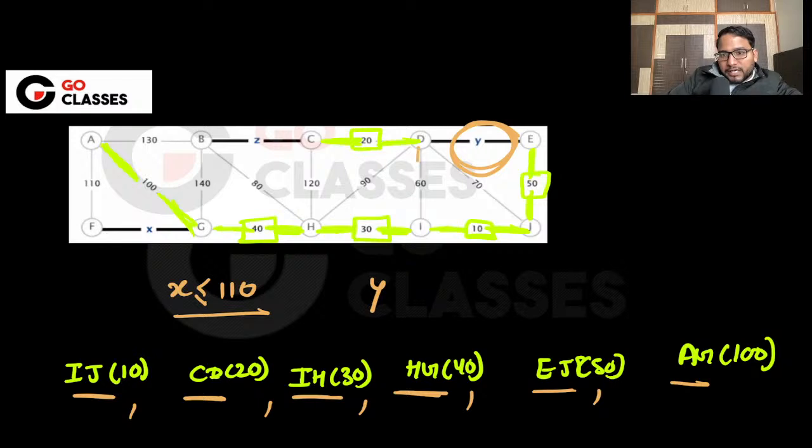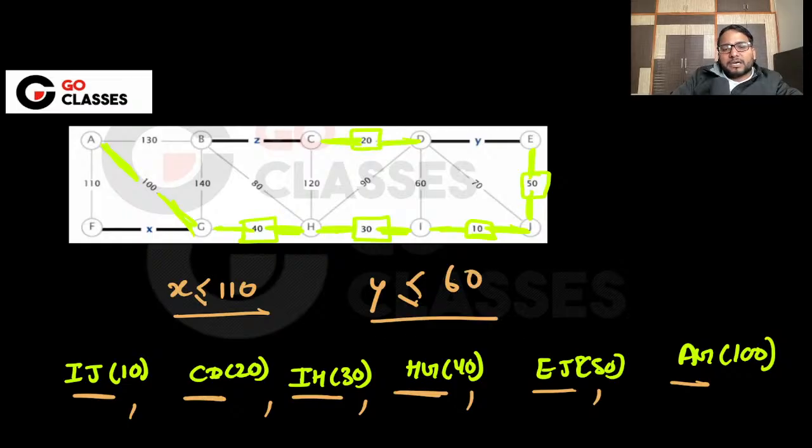This is also forming a cycle with Y, right? 60 is also forming a cycle. 90 is also forming a cycle. 120 is also forming a cycle with Y. 80 is also forming a cycle. 140 is also forming a cycle. So 80 forming a cycle, 60 is also forming a cycle. So I think Y is less than or equal to 60, right?